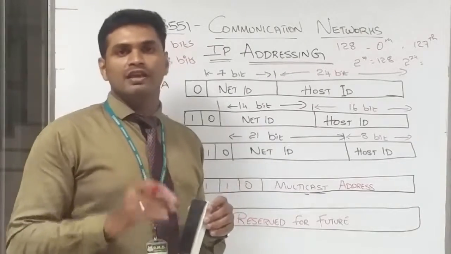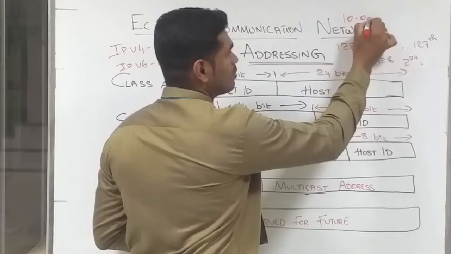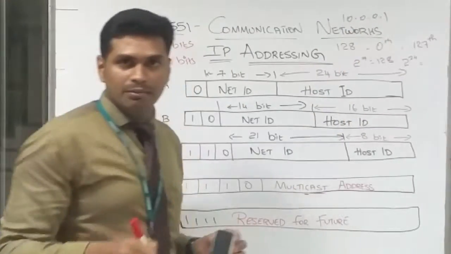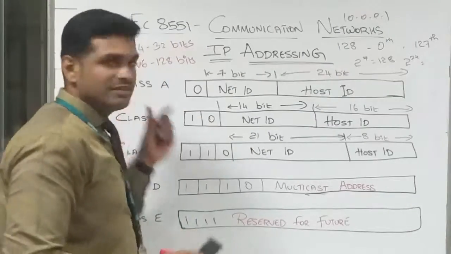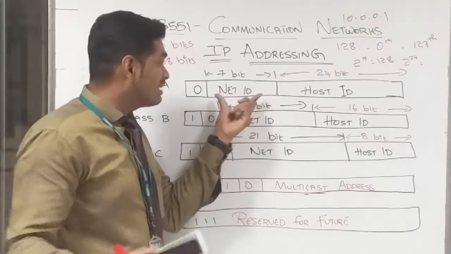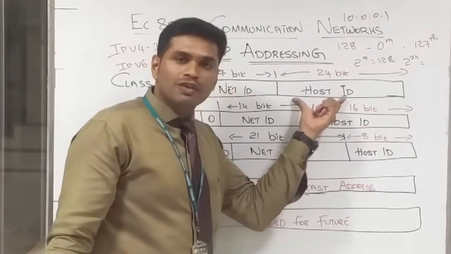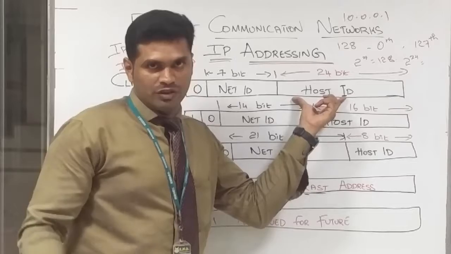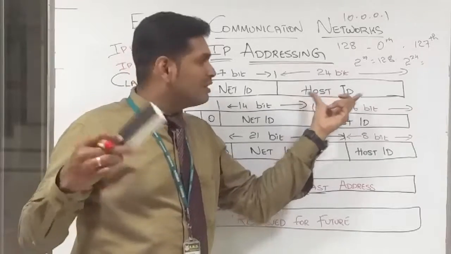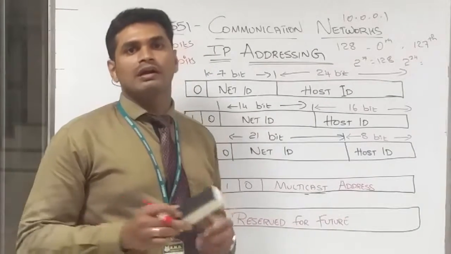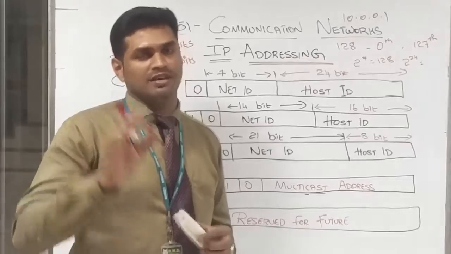So if you convert 10.0.0.1 to binary and the very first bit is 0, then it belongs to class A. The next 7 bits represent the network ID, and the last 24 bits represent the host ID. As I told you, 2 power 7 networks can be addressed, and 2 power 24 host computers can be addressed with the class A addressing scheme.